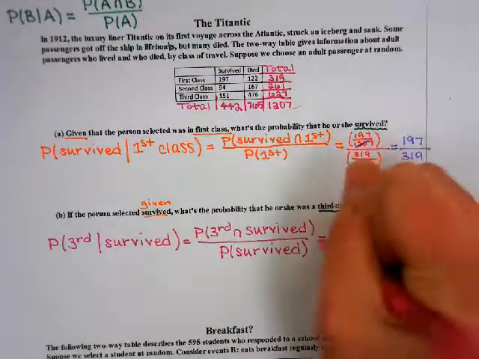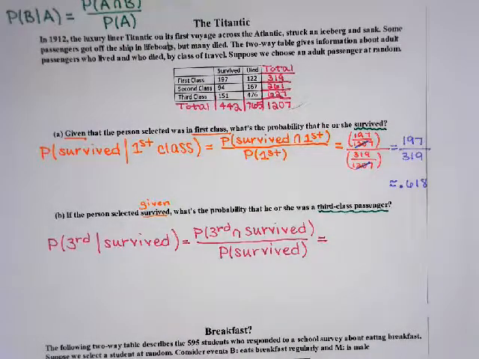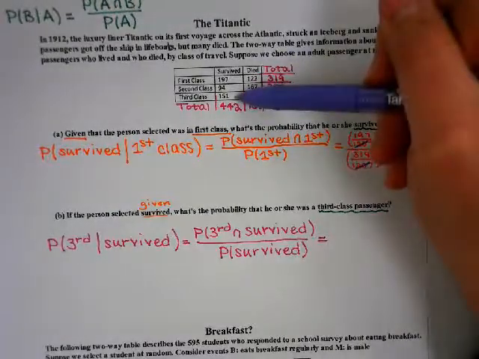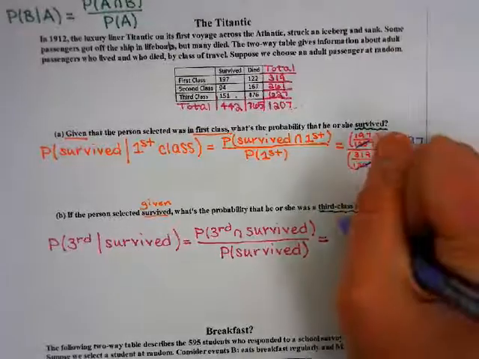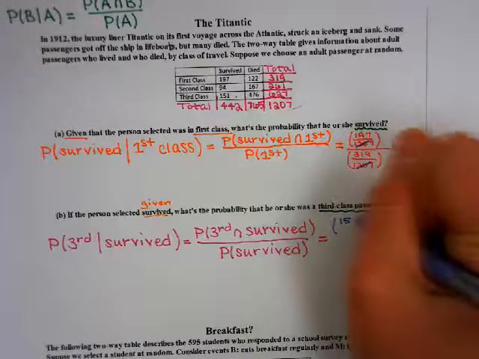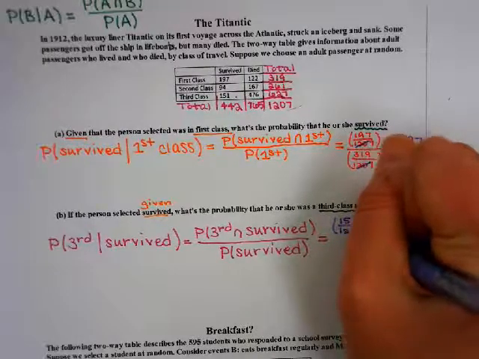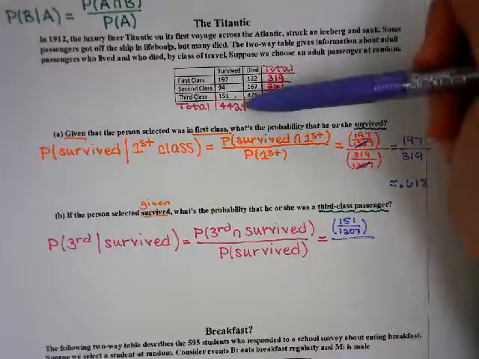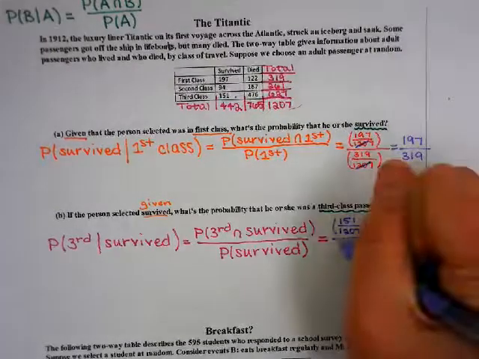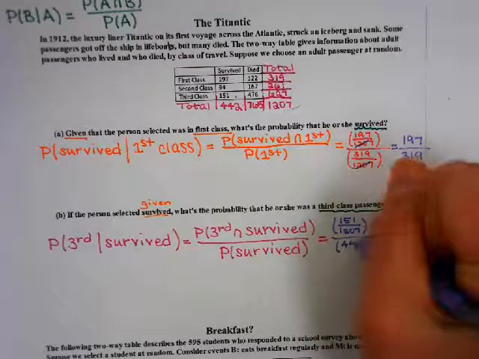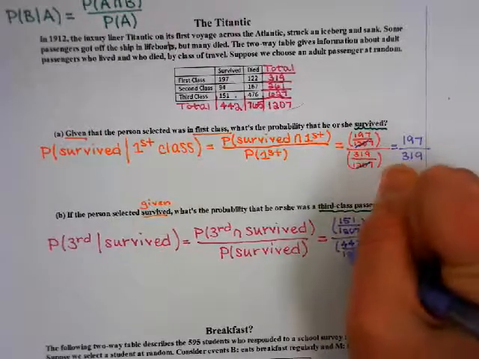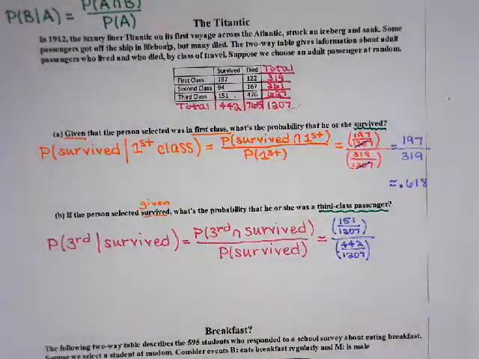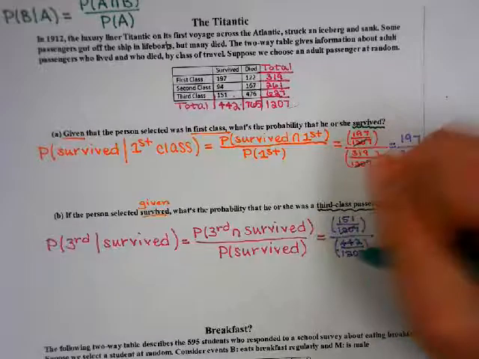So third class and survived is 151 out of 1207. The probability they survived is 442 out of 1207. Our denominators conveniently cancel if we show multiplying by the reciprocal.